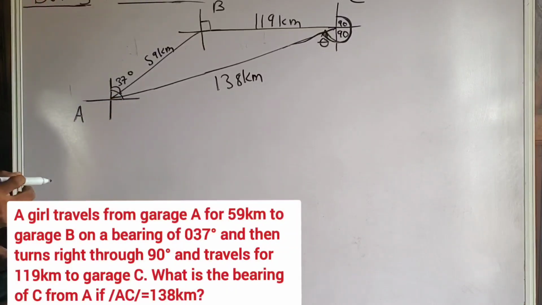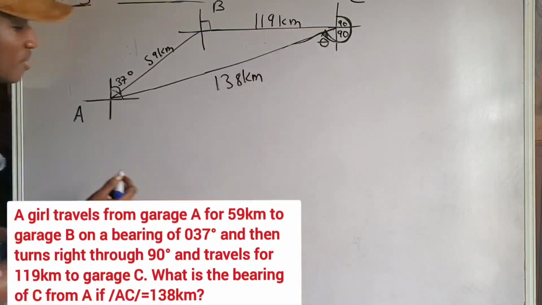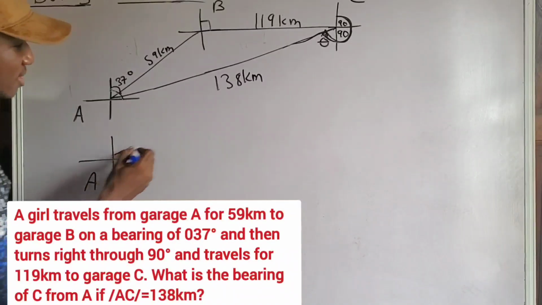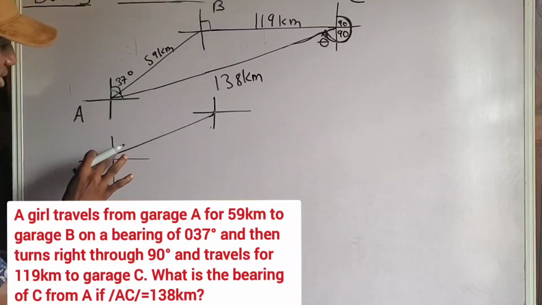Listen to the explanation. It's simple. This is A, and C is along this side.